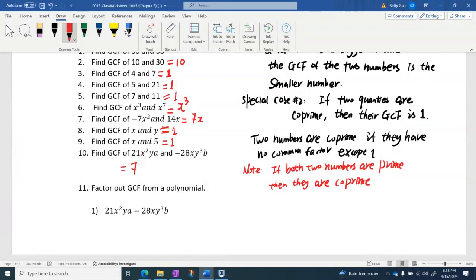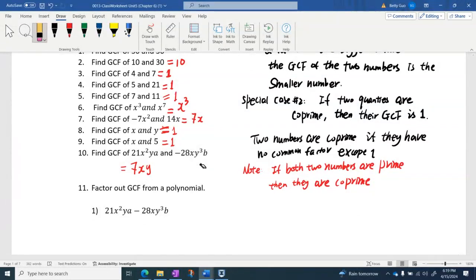X squared and x. GCF is x. Y and y cubed. Take the one with the lower degree. GCF is y. A and b, they are co-prime, so GCF is 1. We do not have to write multiply by 1. The GCF of those two multivariate monomials is 7xy. Very good.